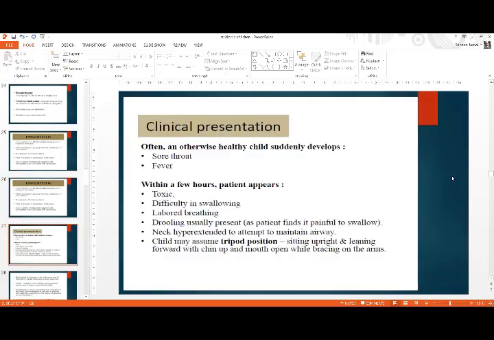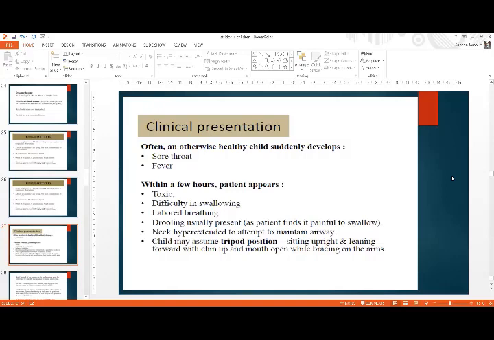Clinically, the child will present as an otherwise healthy child who has suddenly developed sore throat and fever, and within a few hours the child presents in the emergency looking very toxic and sick, having difficulty in swallowing, labored breathing and drooling, as the patient finds it painful to swallow.